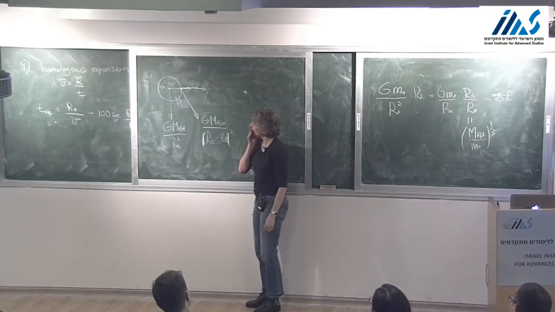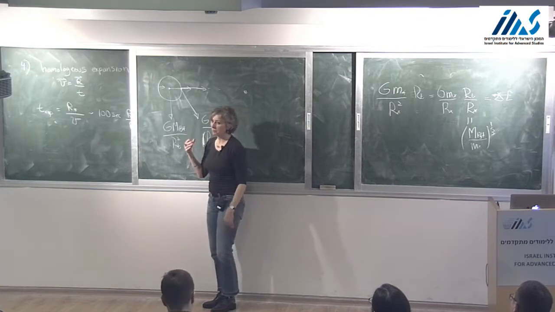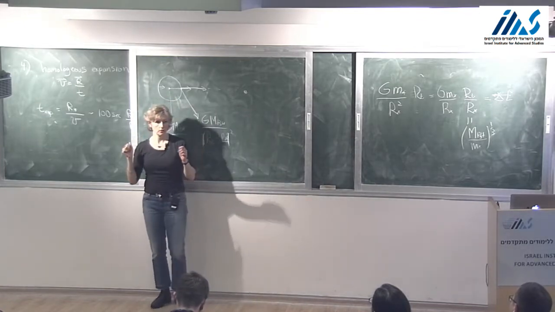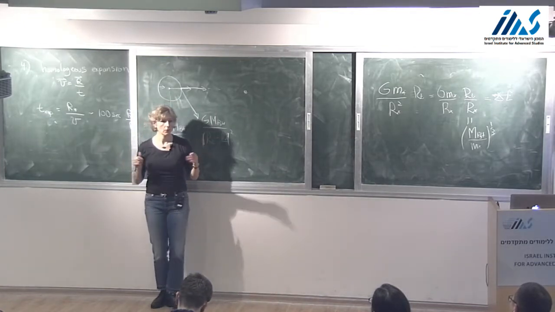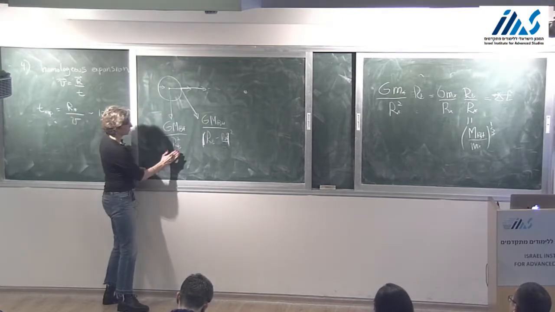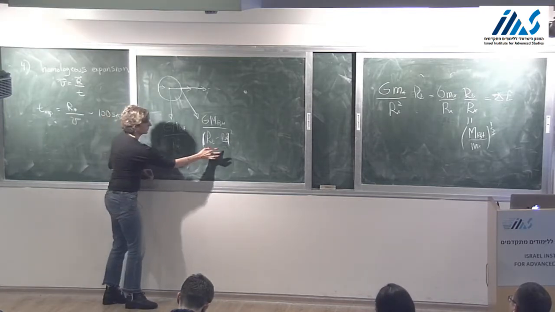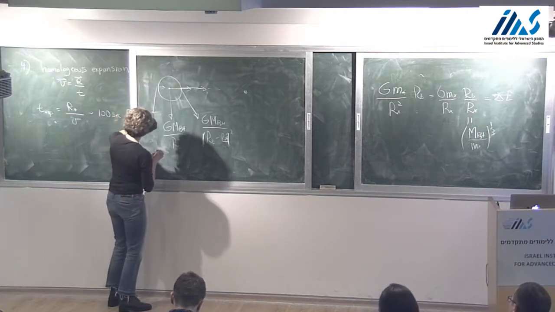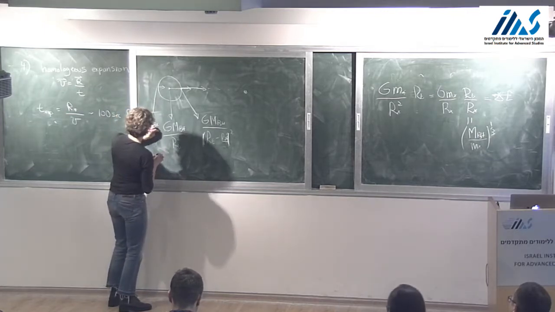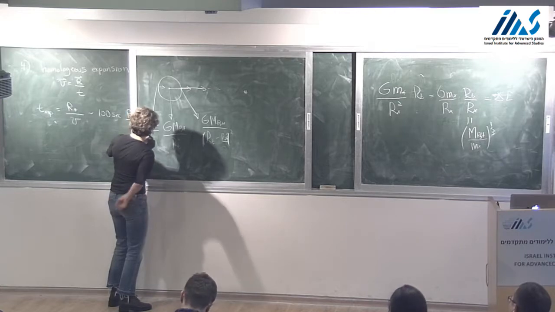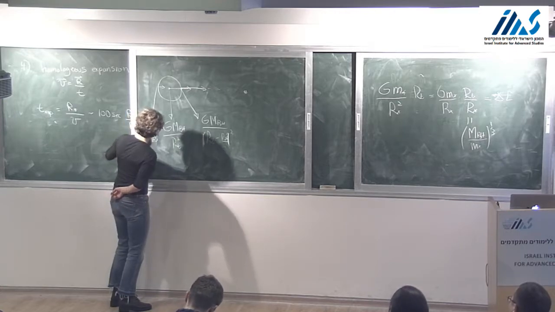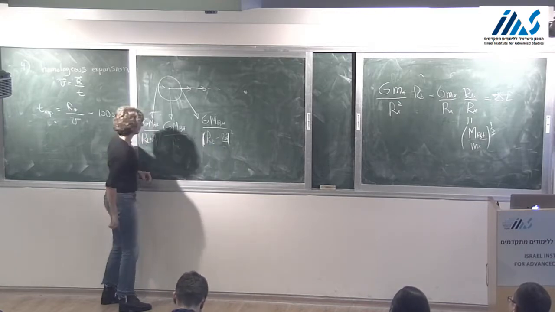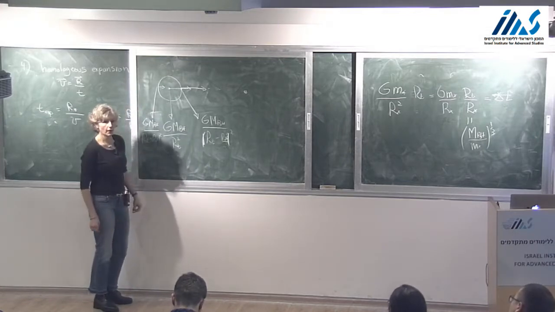If I put myself in the rest frame of the star, and I subtract this out of this, G m black hole over R tidal plus R star squared, what do I find?